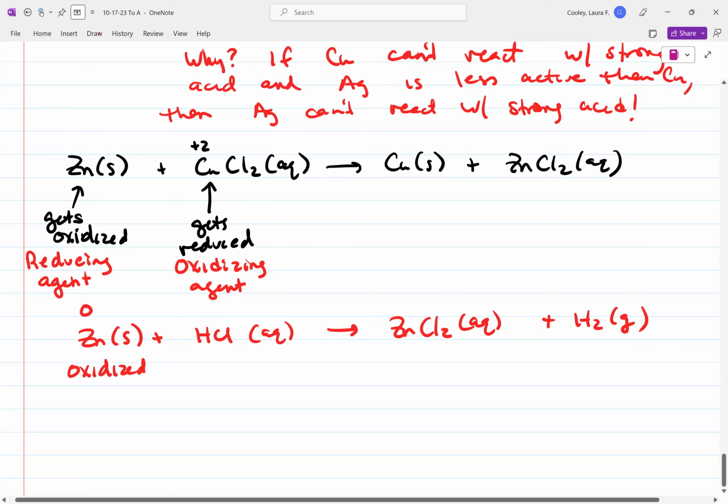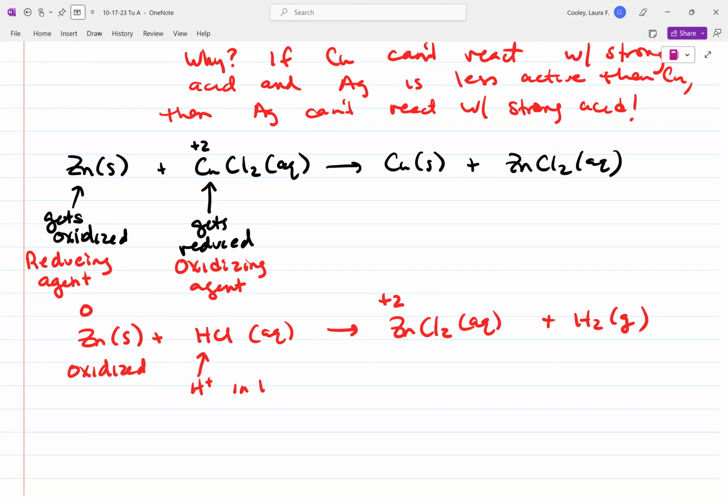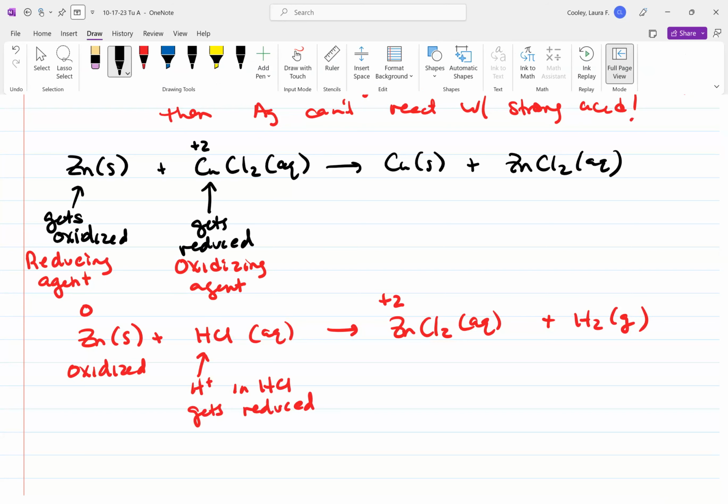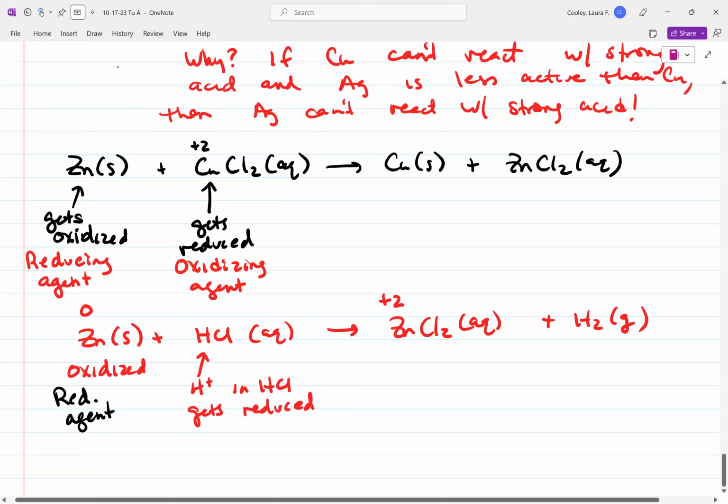It goes from 0 to +2. The H plus in HCl gets reduced. So that makes the thing that gets oxidized the reducing agent, and the thing that gets reduced the oxidizing agent.